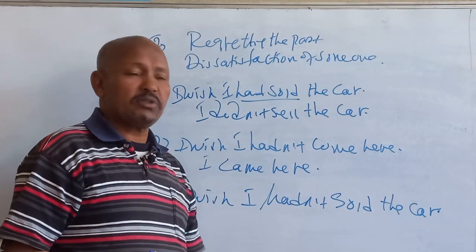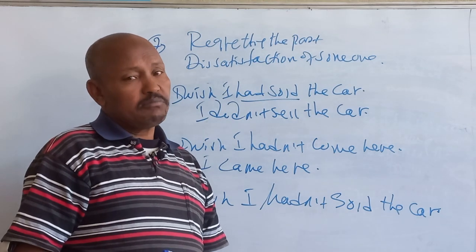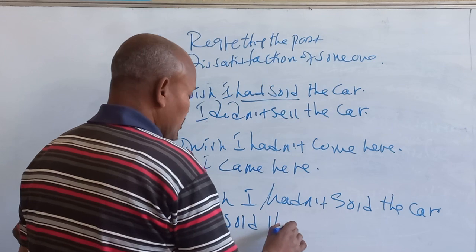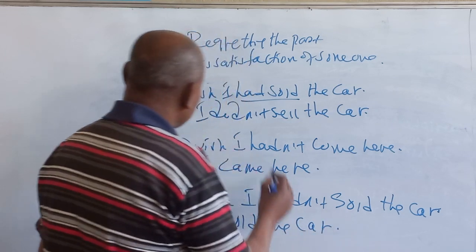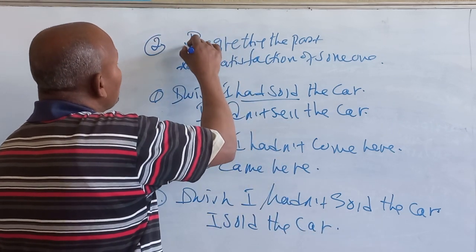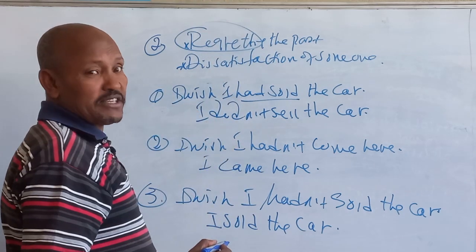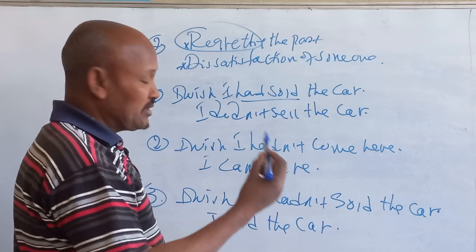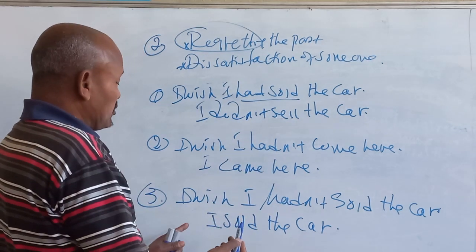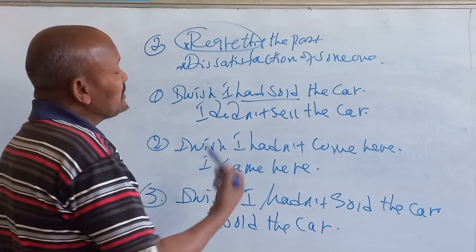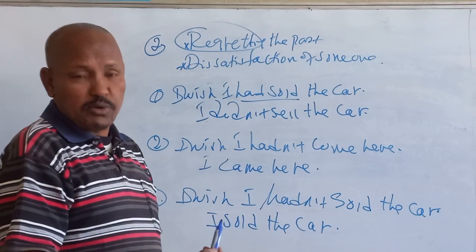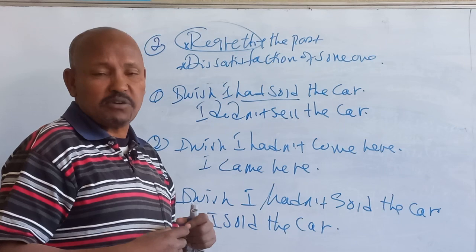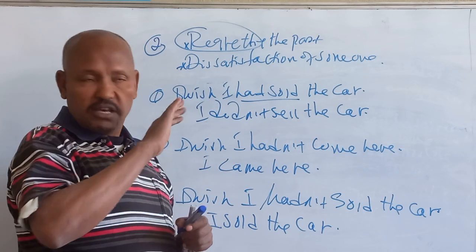I wish I hadn't sold the car means I sold the car and I should not have. So what am I expressing? Dissatisfaction or regret about the past. We sometimes use past perfect this way, regretting the past or expressing dissatisfaction.